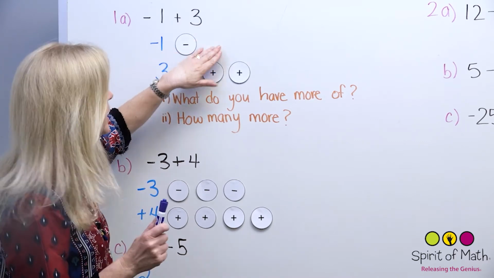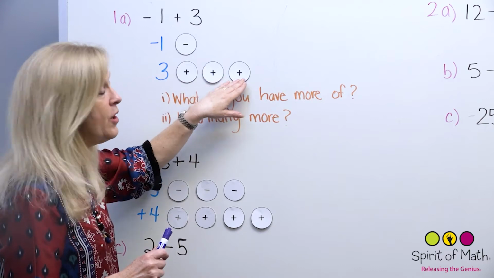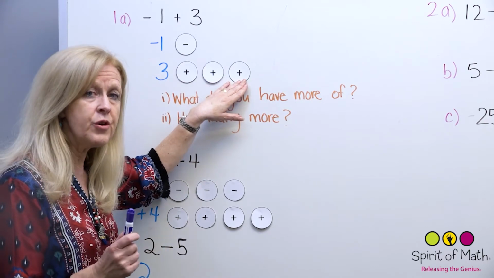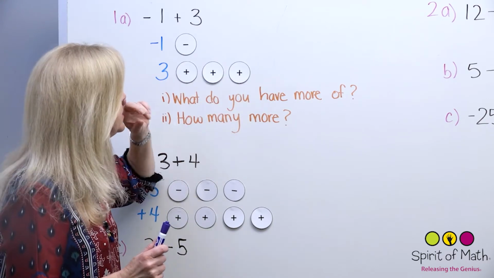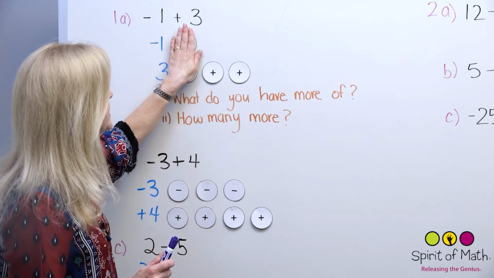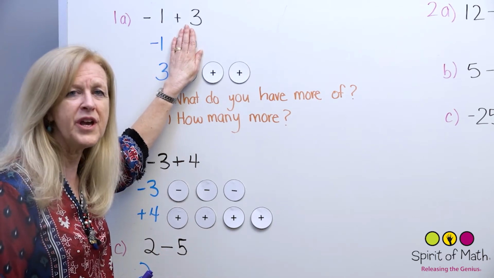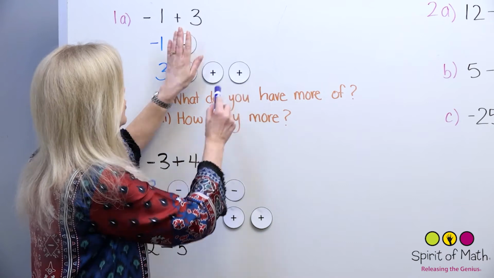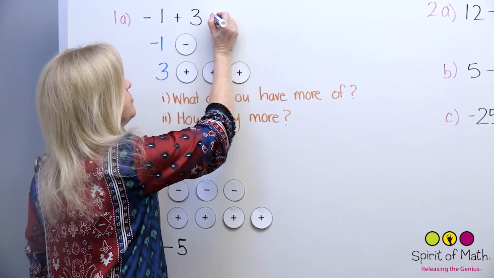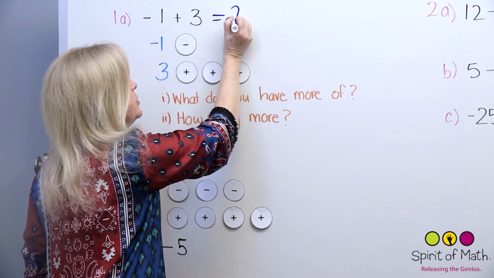There's more positives here, so the answer is going to be positive. And then you say, how many more positives? Because these cancel each other out, and what's left is 2. So -1 plus 3 is equal to 2.